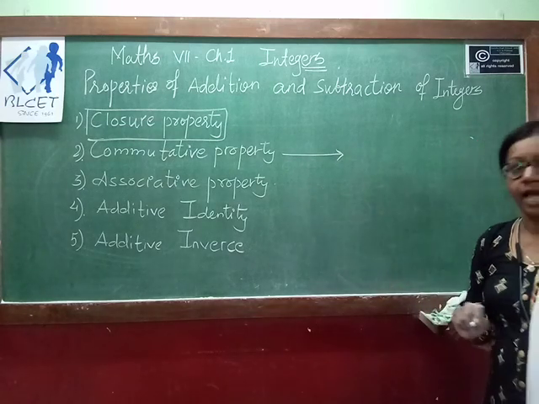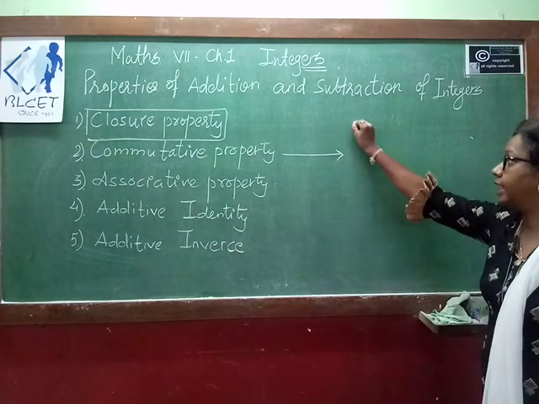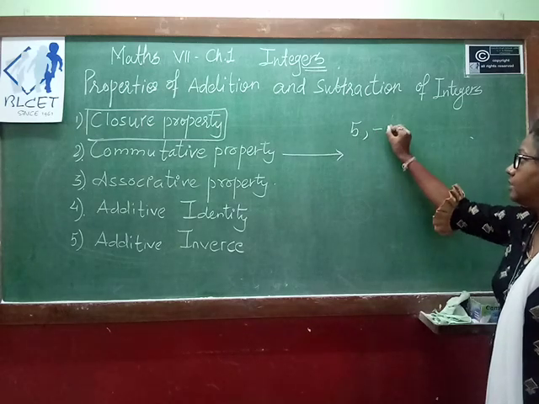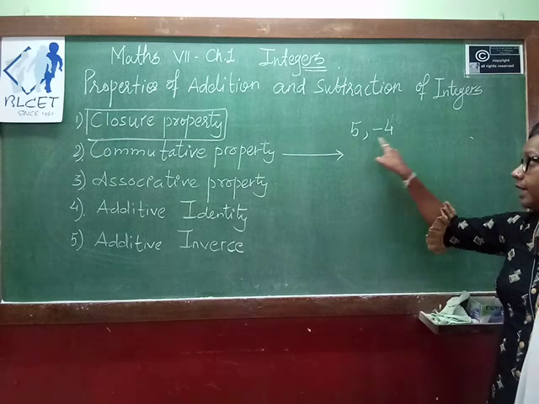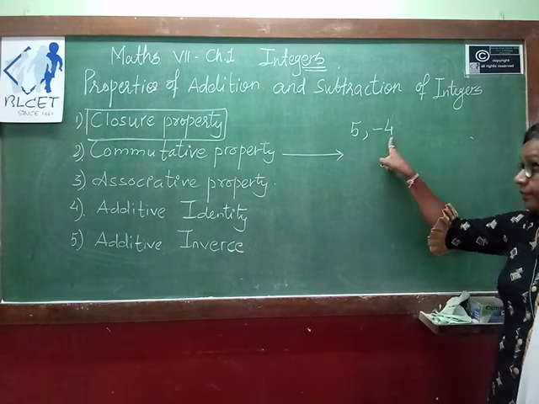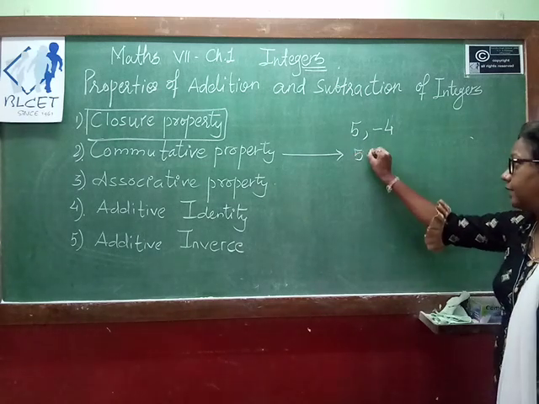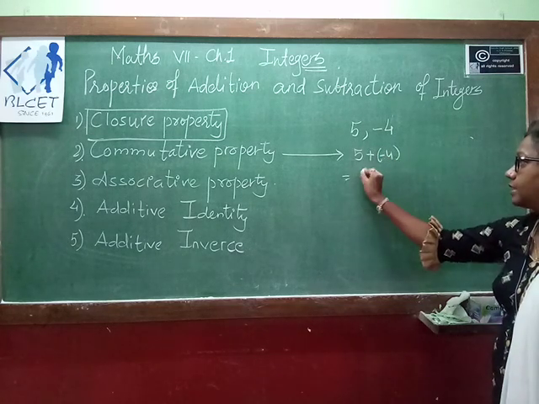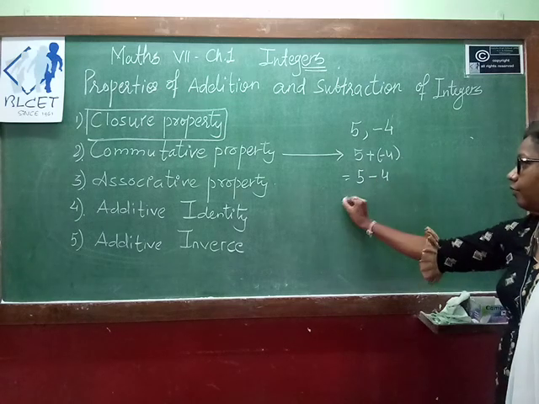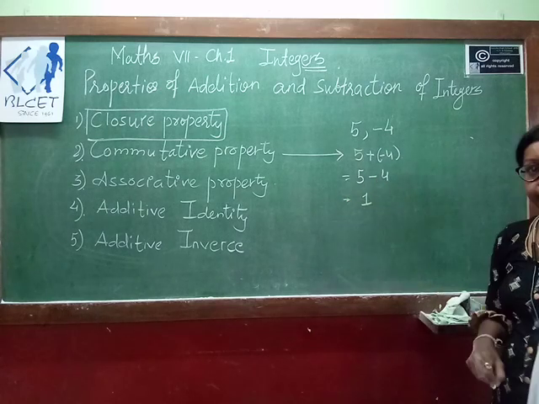First understand with the help of an example. Suppose you have 5 and minus 4. Both numbers are integers. Now I do the addition: 5 plus minus 4. What is my answer? 5 minus 4 is equal to 1.